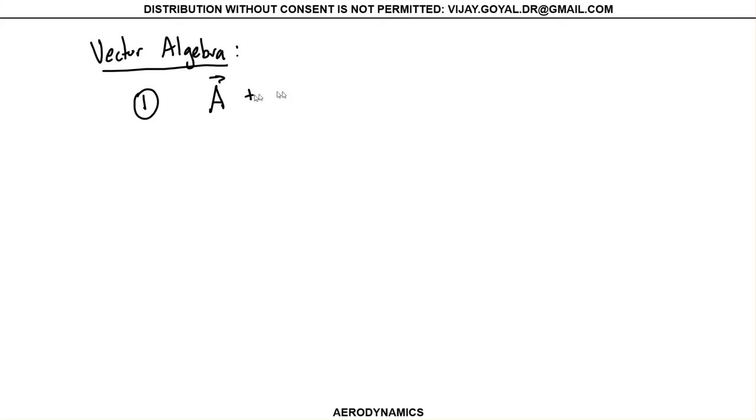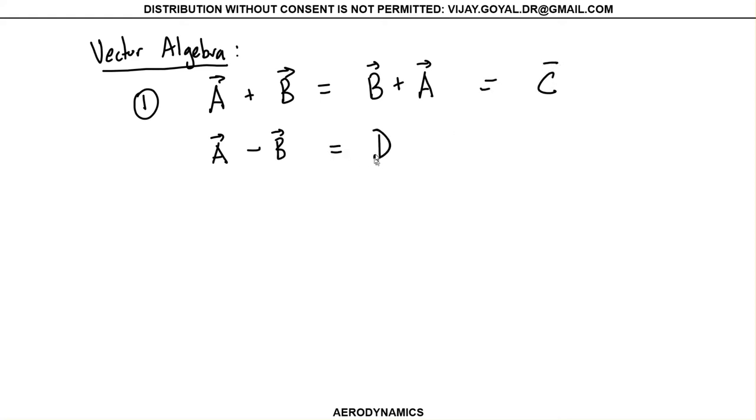So if I have a vector A and a vector B, it doesn't matter the order I add them, it will still be valid. If I have subtraction, I cannot necessarily swap them, obviously, right? And this will give me a new vector C, and let's call this a new vector D.